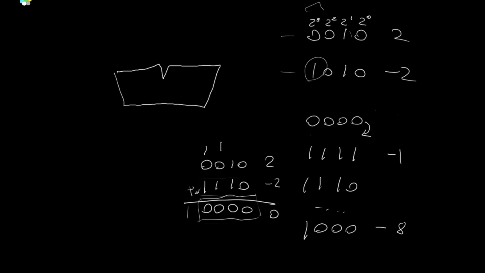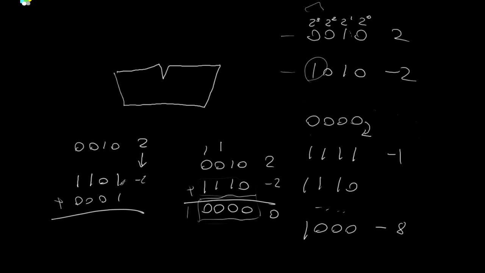Now, I'm not going to go too much into detail, but the way you turn a number into its negative is very simple. So if we've got 2, we want to go to negative 2. There are 2 steps you need to take. You flip the bits. You flip all the bits, and then you add 1.